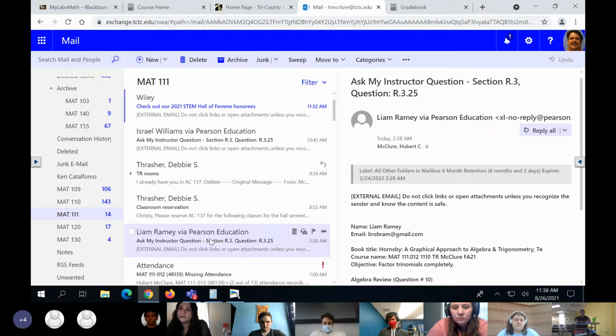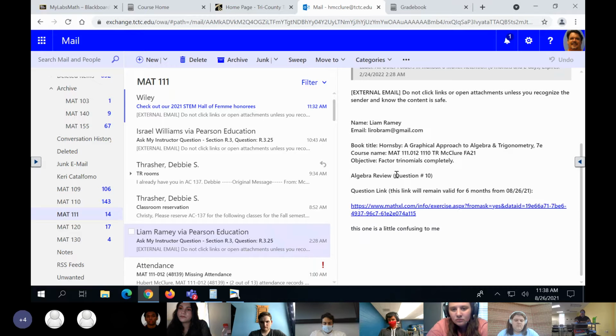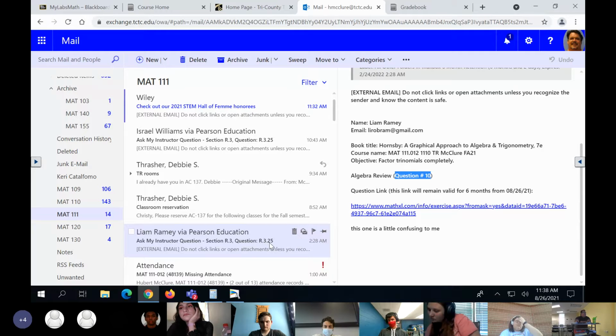All right, so R3, this is in the review section, number 25. It is your homework question in the review, number 10. Now, what does that mean? In the book, if you go to the review homework section, in the book, number 3, go to number 25 in the book, it will look like this question.